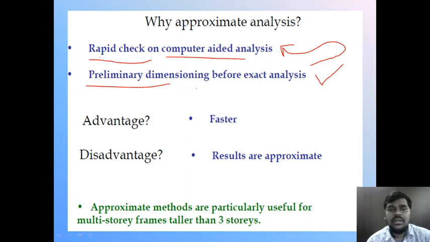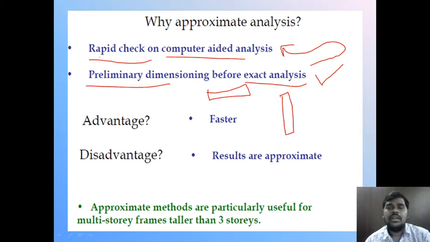That means before the exact analysis is done, beforehand the dimensioning of a beam or a column is estimated approximately using these methods. A civil engineer will know what the minimum width, breadth and length must be, and also the diameter of the steel bar, etc.